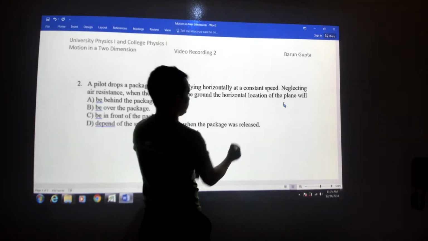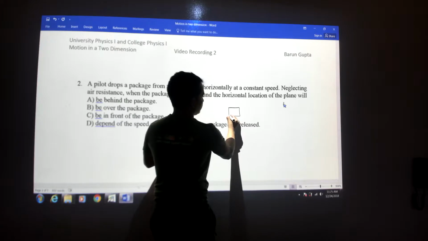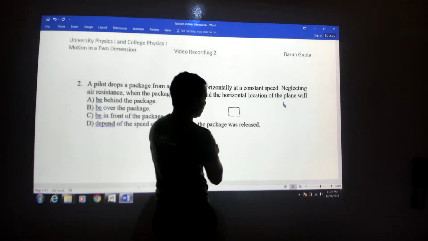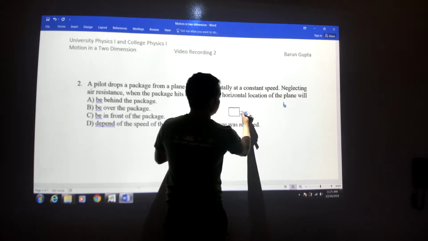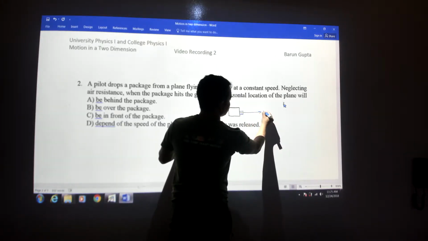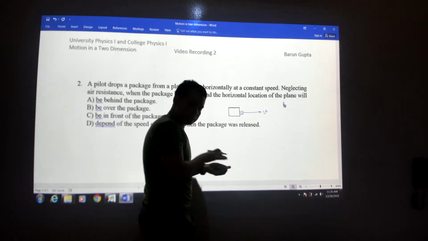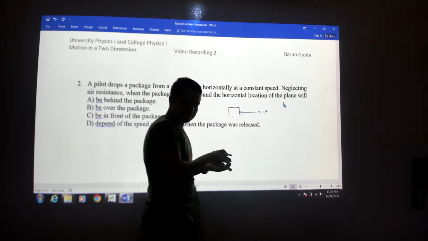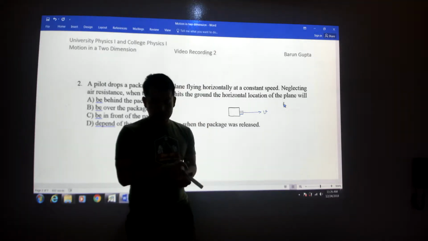Let's say this is the plane and you have a package here, and both are moving horizontally with a velocity v. So there is no relative motion between the package and the helicopter or the plane.